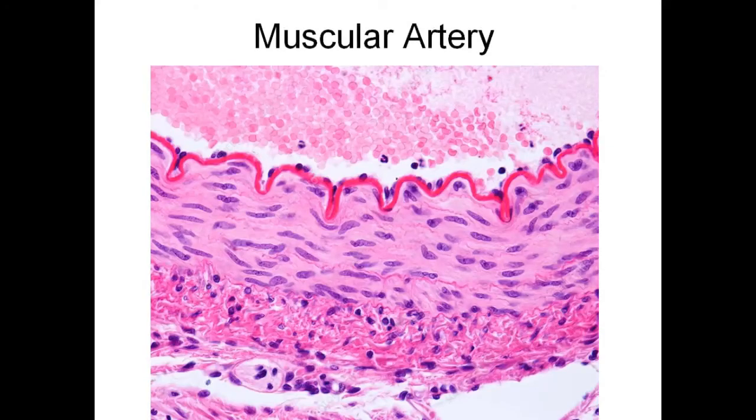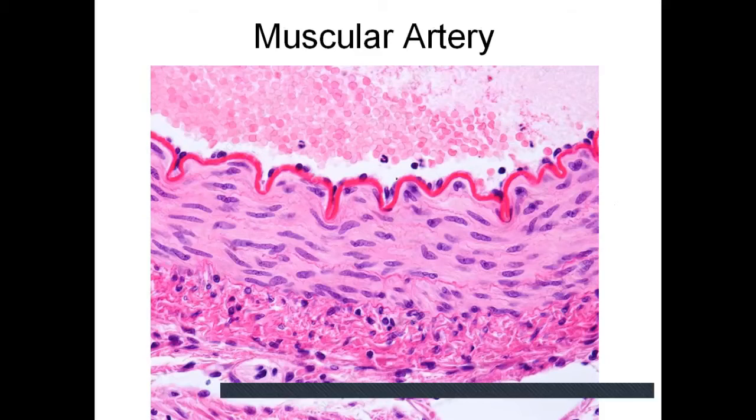Here's a muscular artery, and this is in a much more usual H and E stain, hematoxylin and eosin. Hematoxylin stains the nuclei blue or purple, and eosin stains the cytoplasm pink.